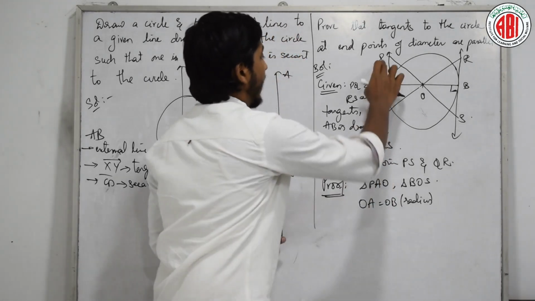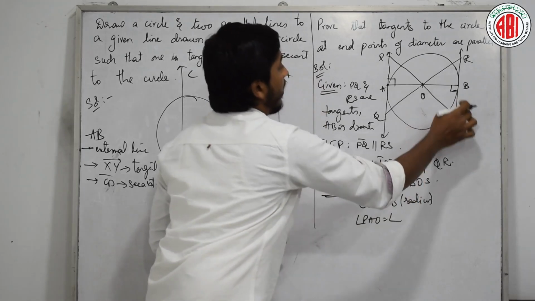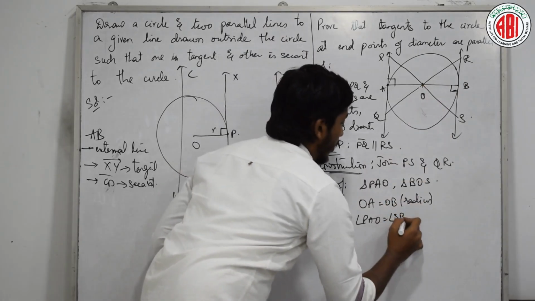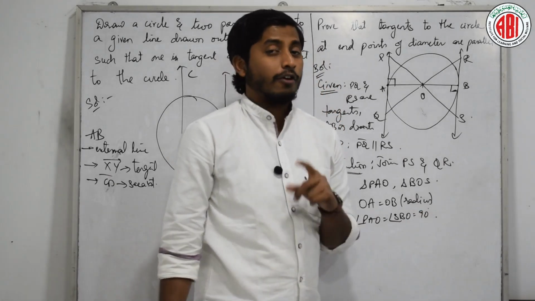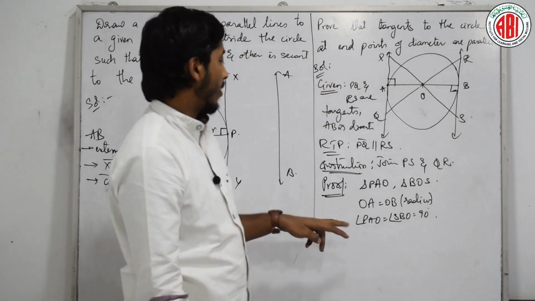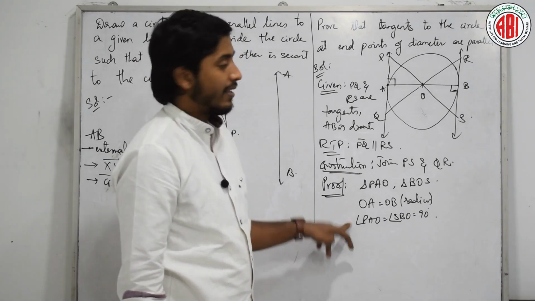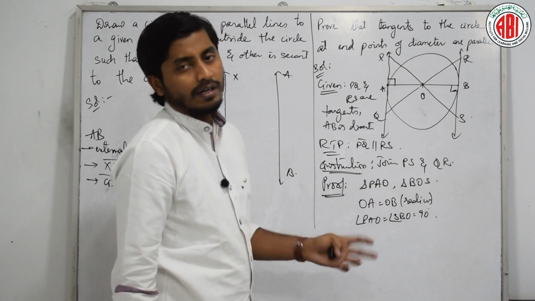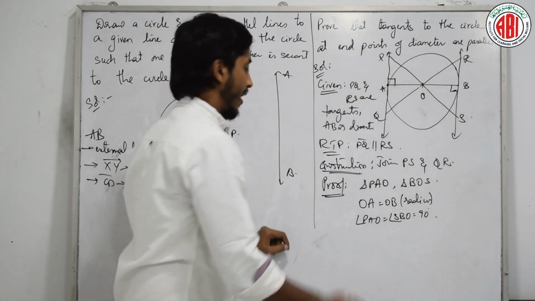And angle PAO is equal to angle SBO, which is 90 degrees. Okay? According to RHS congruency, if one angle is 90 degrees and any one of the sides is equal, then obviously these both triangles are congruent.